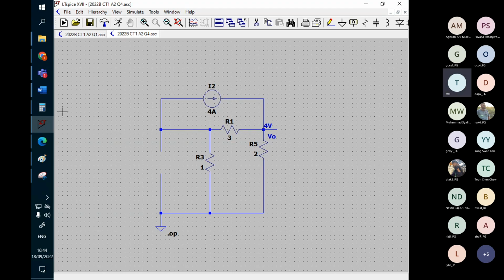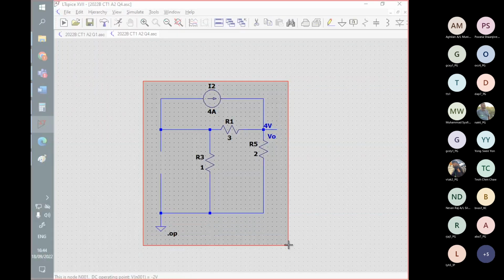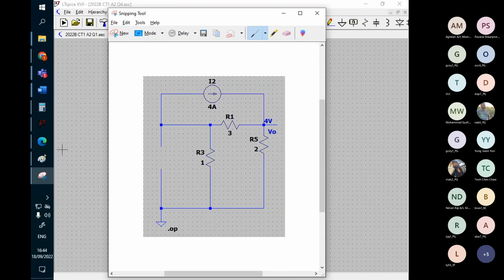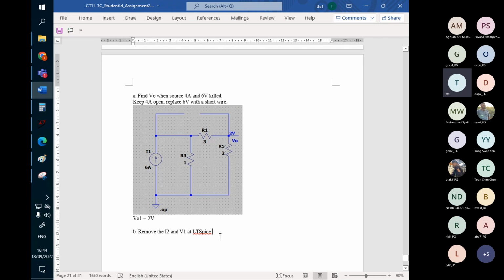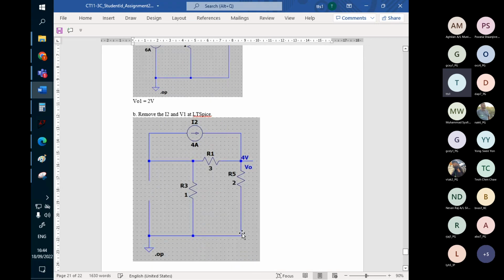So let's cut and paste this thing under this. Reduce a bit.